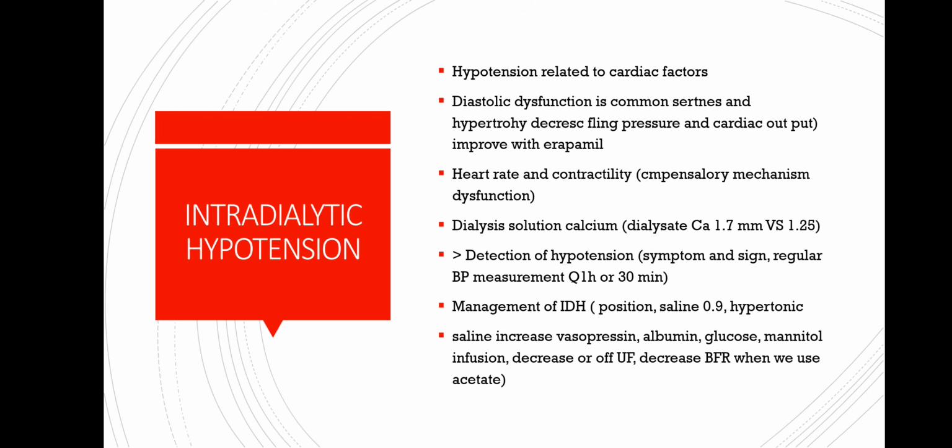The detection of hypotension relies on symptoms and signs and regular BP measurements every hour or 30 minutes. The management of IDH is position, saline 0.9 or hypertonic saline, vasopressin, albumin, glucose, mannitol infusion, and decreased ultrafiltration. Decrease the blood flow rate when we use acetate.